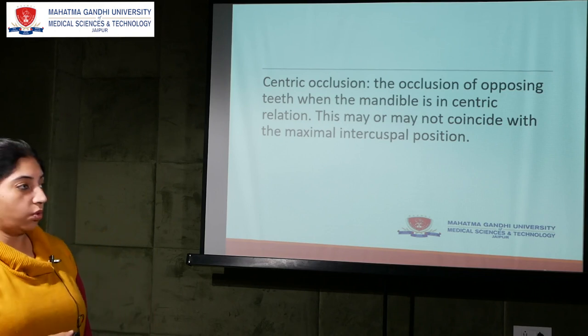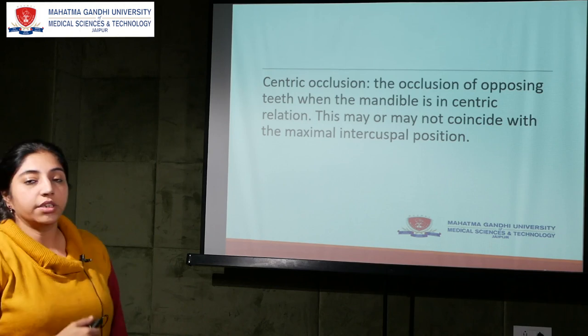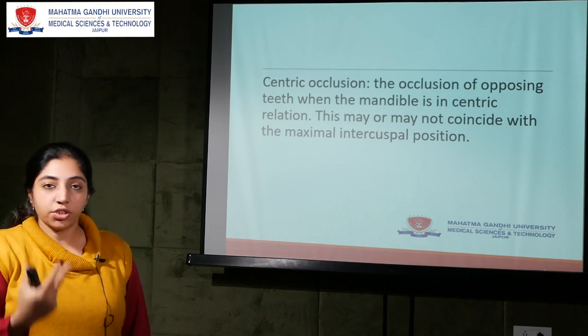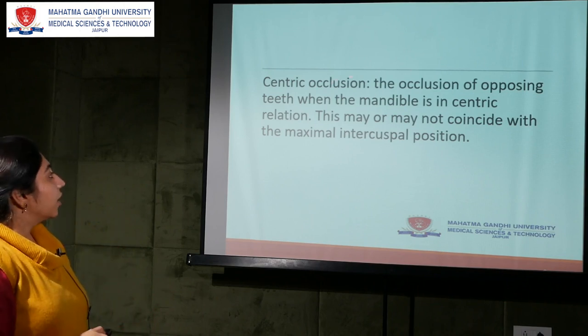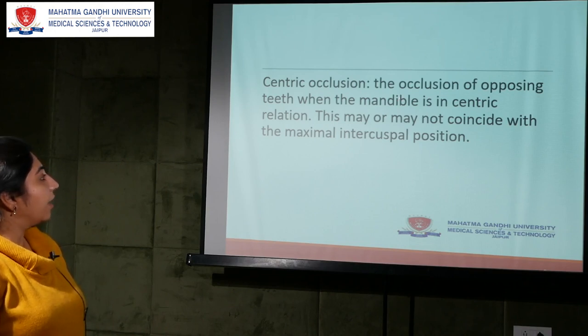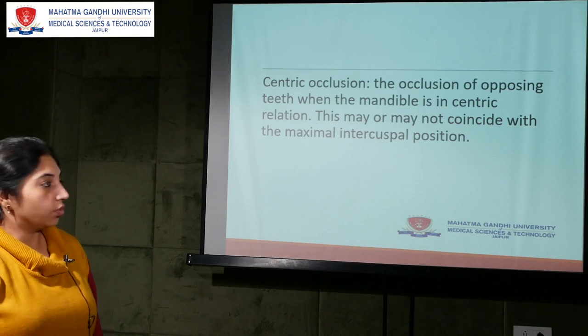When I combine the term centric along with occlusion, it means when the upper and the lower teeth come in contact in which jaw relation? In centric jaw relation. So the definition says the occlusion of the opposing teeth when the mandible is in centric relation is called centric occlusion.